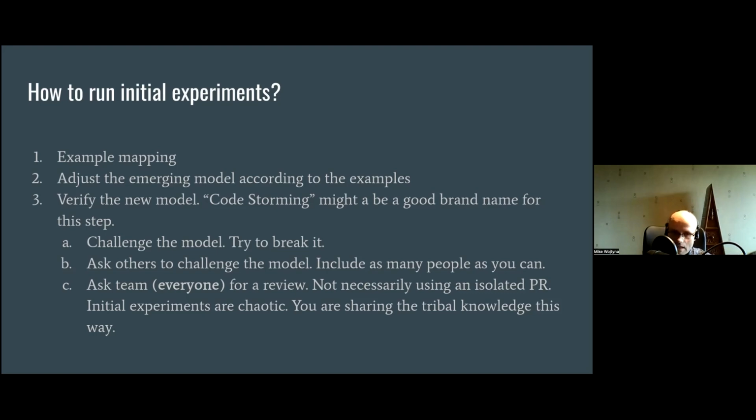Okay. And after that, you ask everyone in your team for review. You don't necessarily need to use some isolated pull request, some special branch for it, because initial experiments are extremely chaotic, as I said, right?